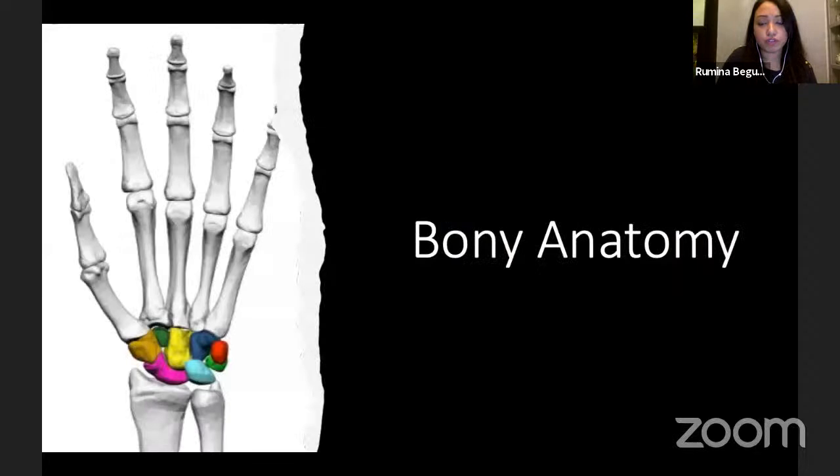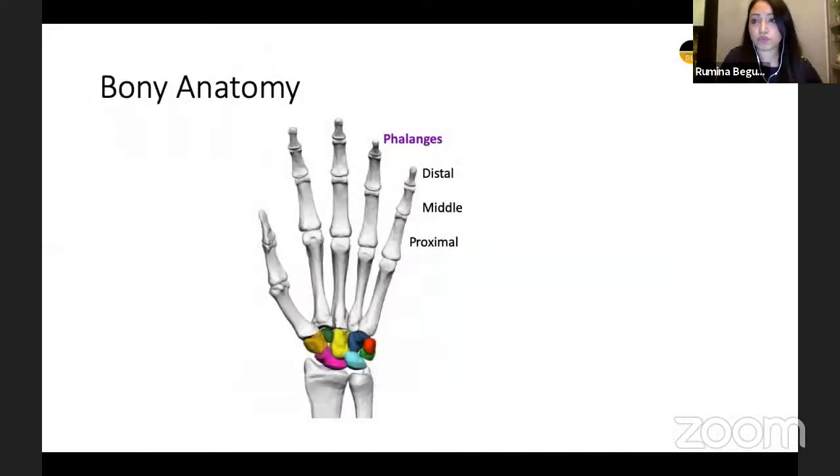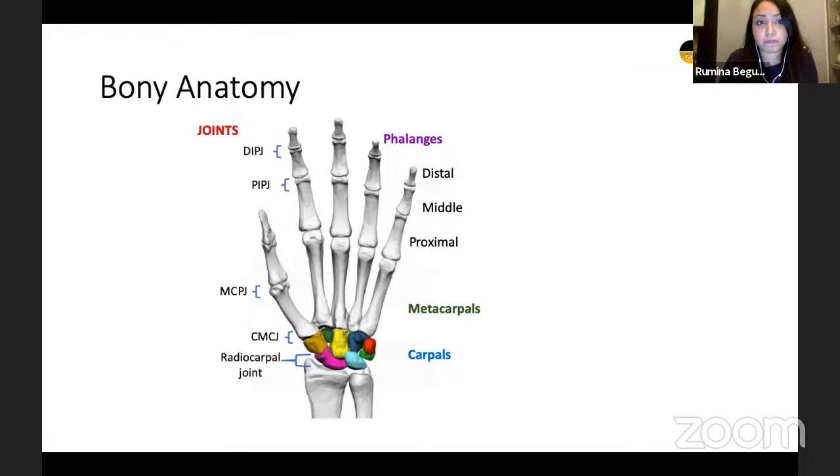Okay, so moving on to the bony anatomy. Hopefully we all know this, but the 27 bones of the hand consist of phalanges, which are subdivided into distal, middle, proximal. Be mindful that the thumb has only proximal and distal. Then the metacarpals and the carpal bones, which comprise 8 bones in 2 rows. Now, when these bones articulate, they form joints.